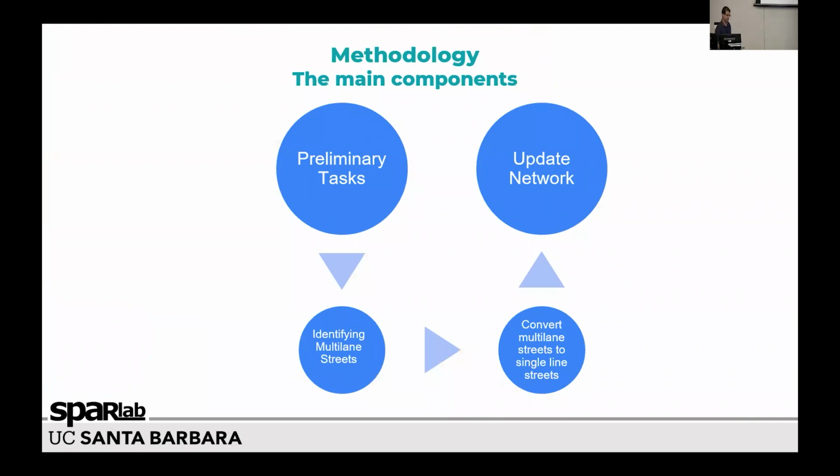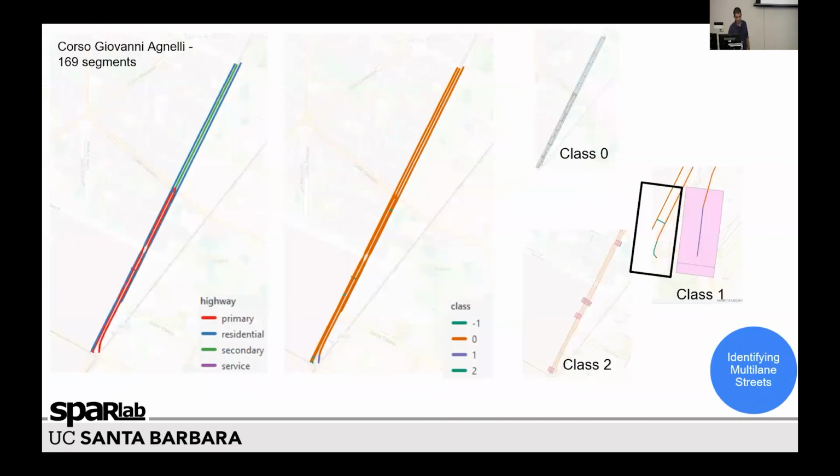The second component is identifying multi-lane streets. All of the streets were grouped by their name, and after that we use DBSCAN to classify each group of segments that belong to the same street into classes based on their azimuth.